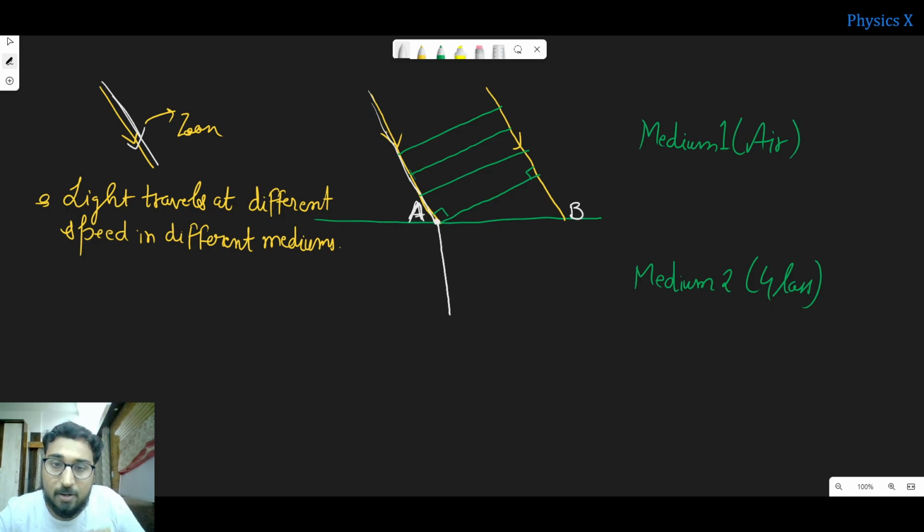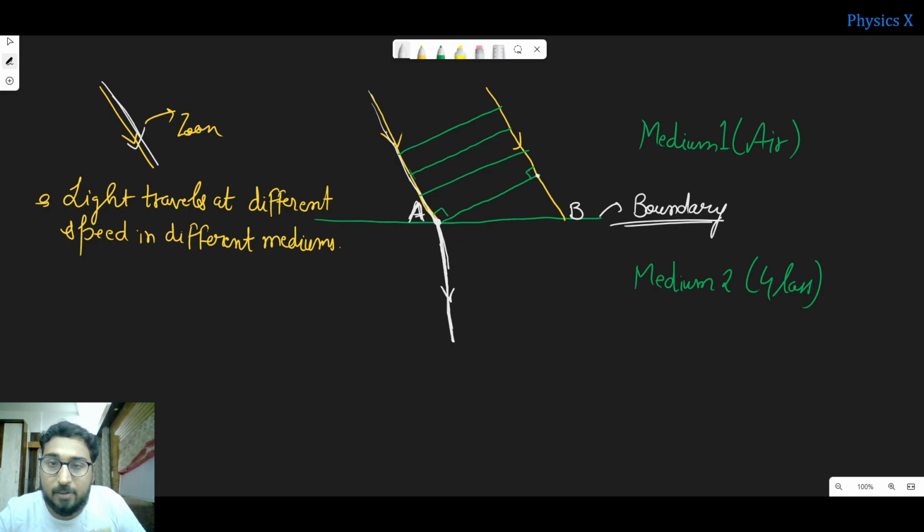It will encounter this boundary first, and the ray of light will bend because of the gradual decrease in speed here.